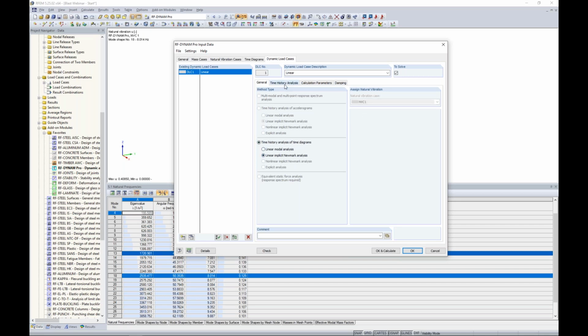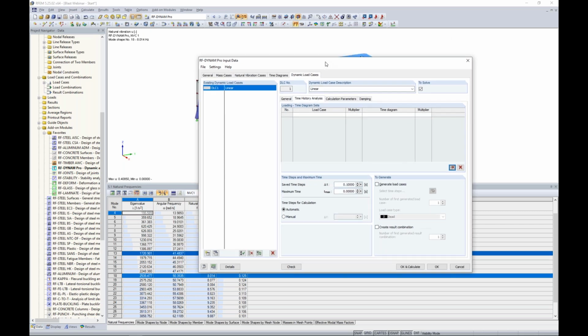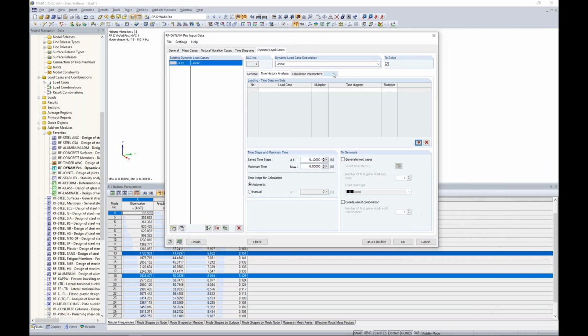So with the Newmark analysis, we can move on to the time history analysis. Now, this is where we are going to relate those load cases back in RFEM. So remember the front wall area loads, and then we had the side and roof area loads, and finally the rear area load. We relate this to the relevant time diagram.